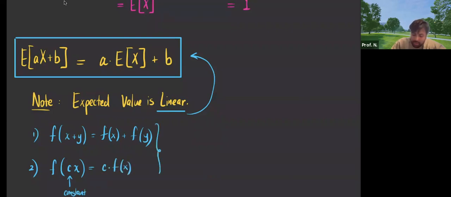These two algebraic properties make f a linear function.